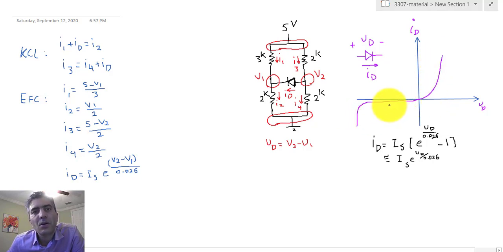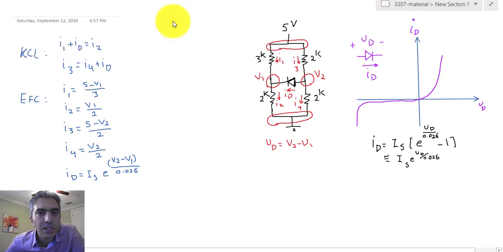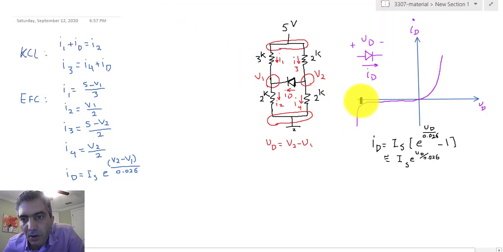The most simple, that is called the ideal linearization or ideal definition of a diode, is kind of an extreme. So what you're going to do is to say and I'm going to draw with a different color what that's going to look like. So basically I'm going to use yellow. So you're going to say for all the negative voltage values for VD, the current is 0, and then for any positive, the current immediately becomes infinity.